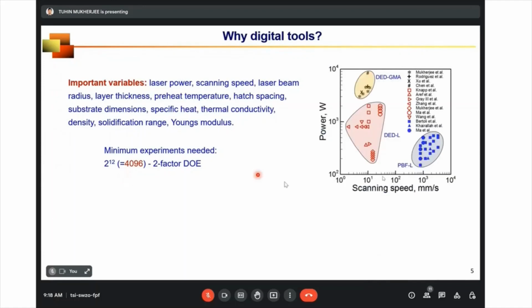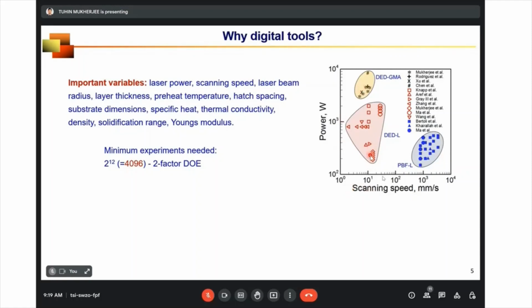Second reason, if I take two main variables, laser power and scanning speed, and plot them for different processes for the same material, you can see they vary significantly depending on which additive manufacturing process you are using. Please note the logarithmic scale.